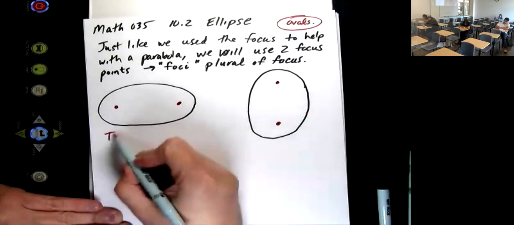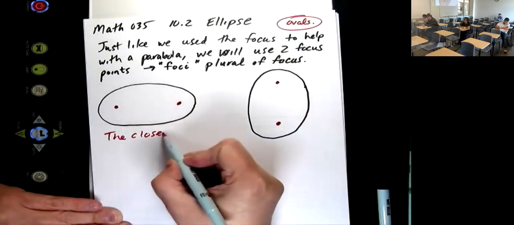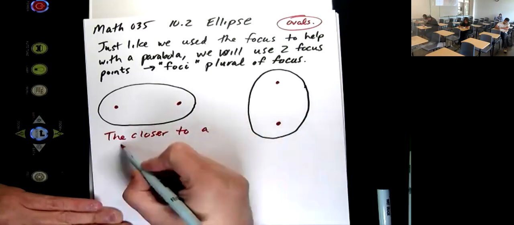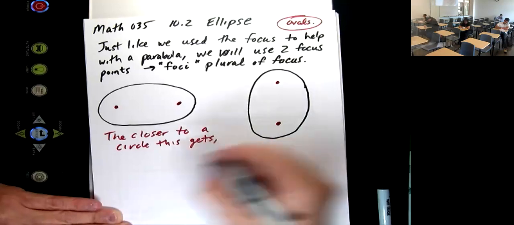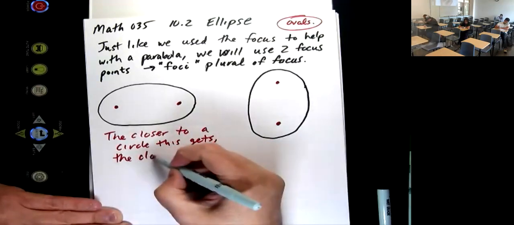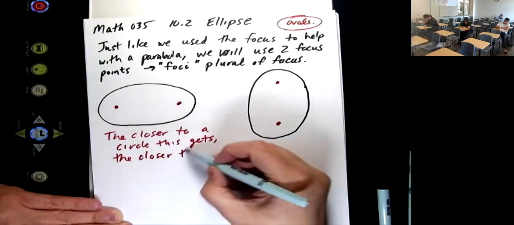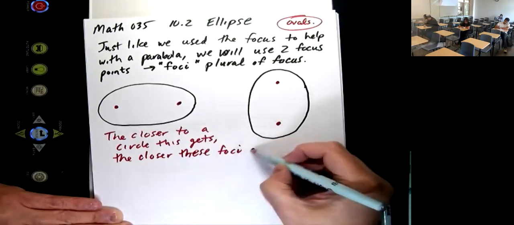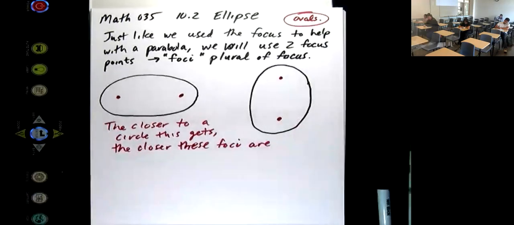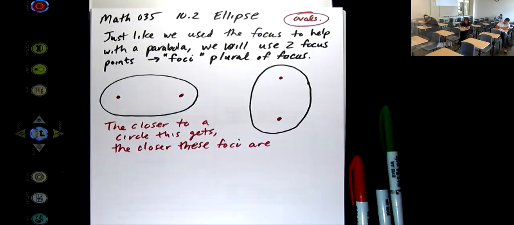The closer to a circle this gets, the closer these foci are, until they basically merge at a perfect circle.